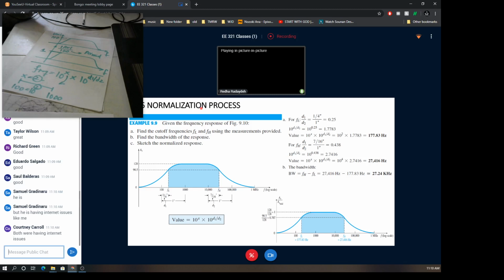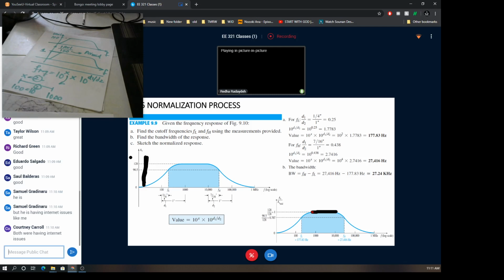So part A is good. What about the second part? Find the bandwidth. Once you get these frequencies, FH and FL, the bandwidth is just the difference between them, FH minus FL. So this will solve part B. Sketch the normalized response. You normalize the y-axis values by the maximum, which is 128, so the maximum is now 1 instead of 128.